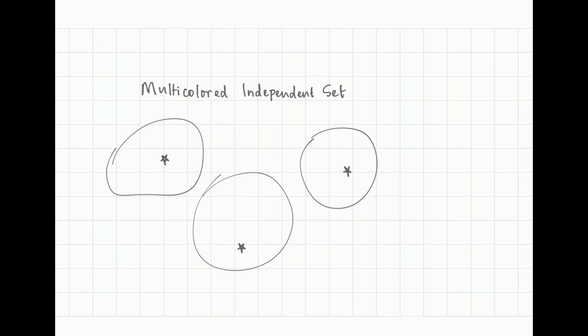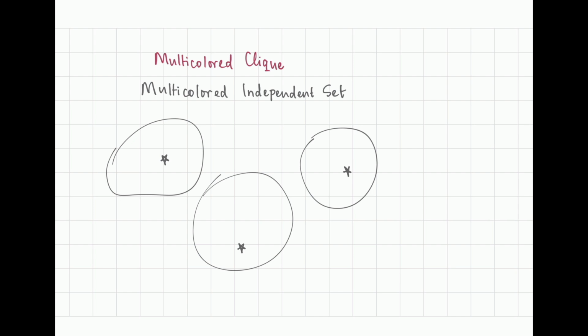Notice that the hardness of multicolored independent set follows quite naturally from the hardness of multicolored clique, which we have just seen, and the way this would work is similar to how we deduce the hardness of independent set on regular graphs from the hardness of clique on regular graphs.